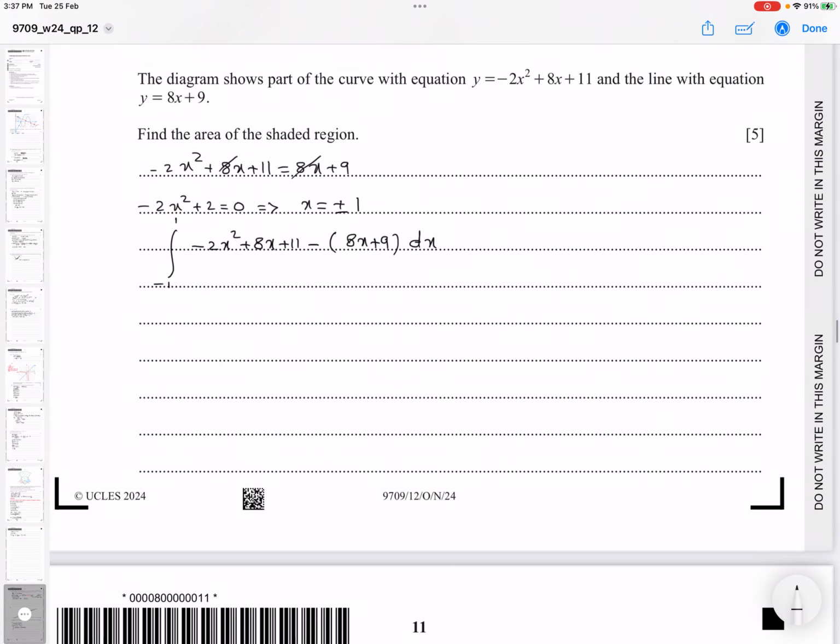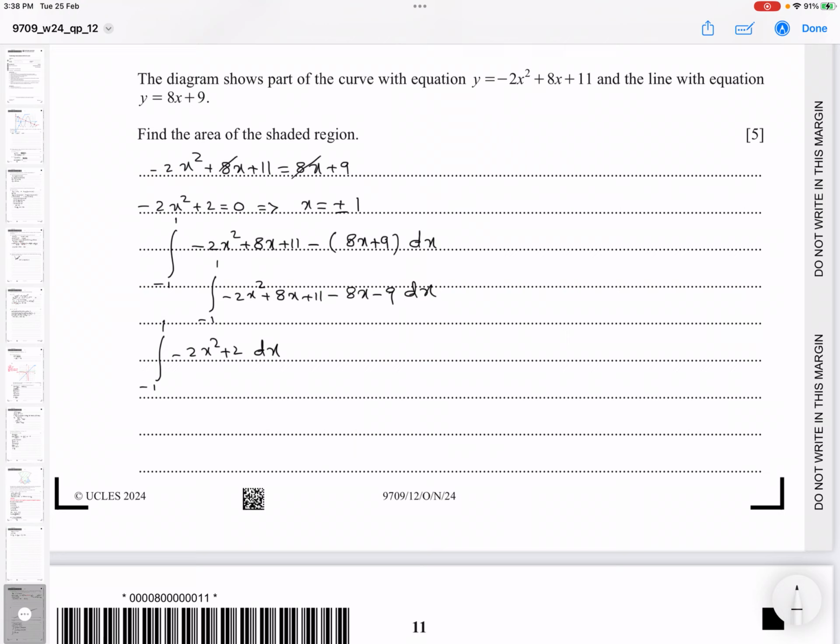Now simplify this, integral minus 1 to 1 of minus 2x squared plus 8x plus 11 minus 8x minus 9 dx. So minus 1 to 1 of minus 2x squared plus 2 dx.